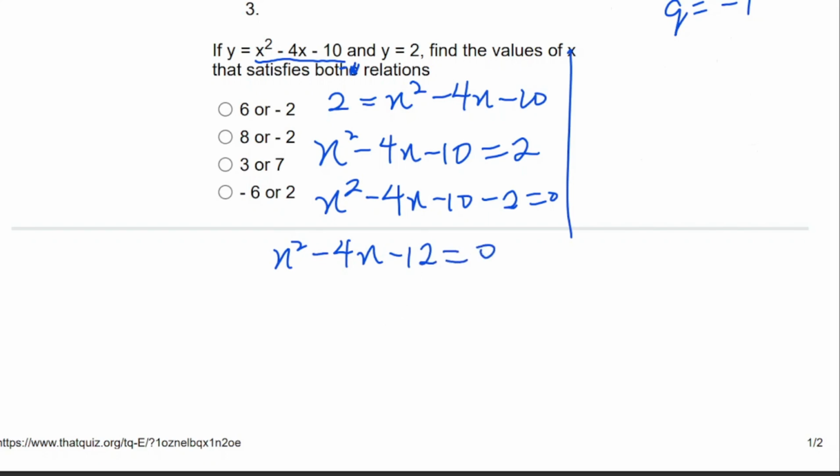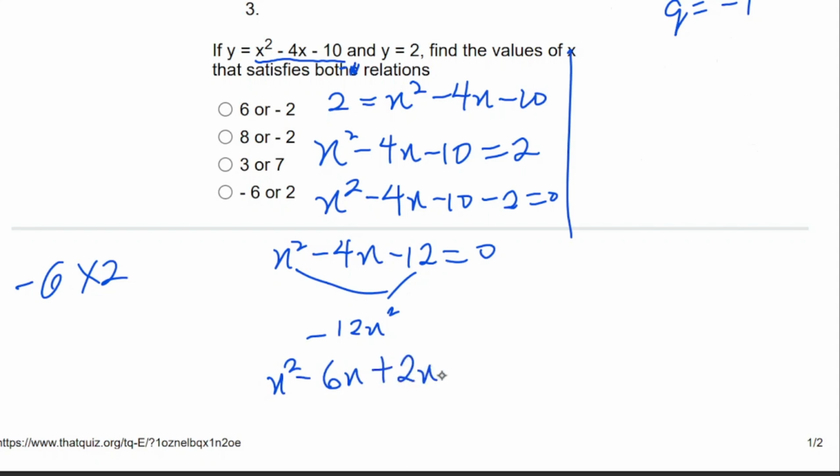So what are the two numbers we can make use of? We can make use of 6 and 2. 6 times 2 will give us minus 12. So that is going to be minus 6 and plus 2. In that case, we're going to have x squared minus 6x plus 2x minus 12 equal to 0.